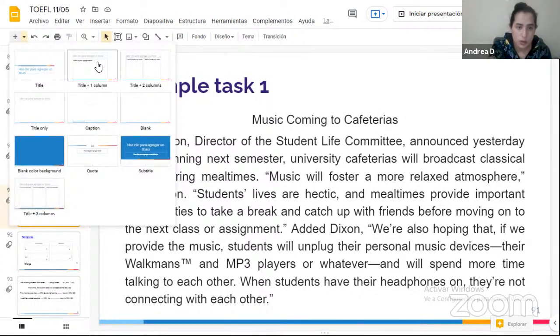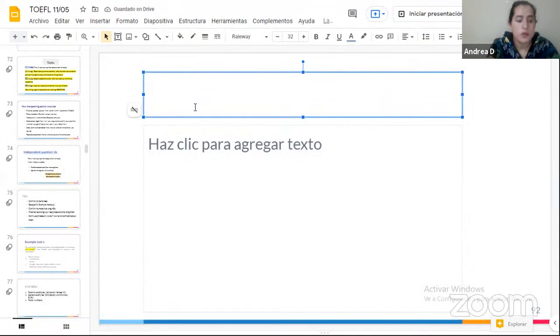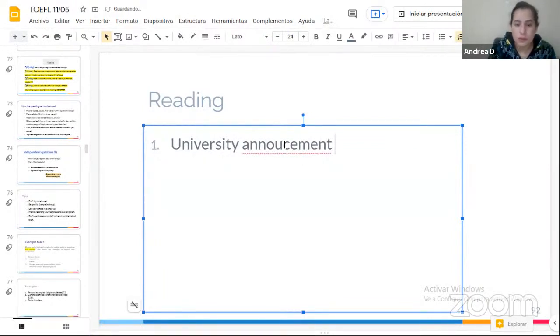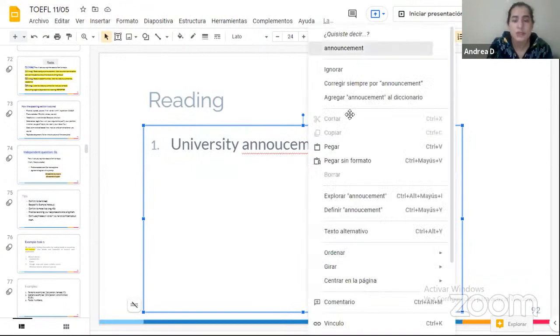Okay, sorry. So in the reading, you've got a few options. The most common one is when you have a university announcement. It is pretty much the university announcing something, right? Like, so we are changing this, or we want to change this.